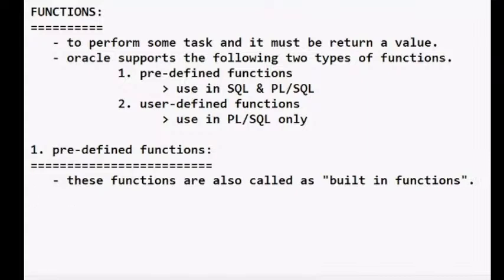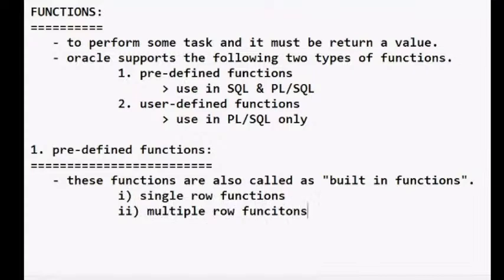And in this we have two types: the first one is called single row functions, and the second one is called multiple row functions. So single row and multiple row.